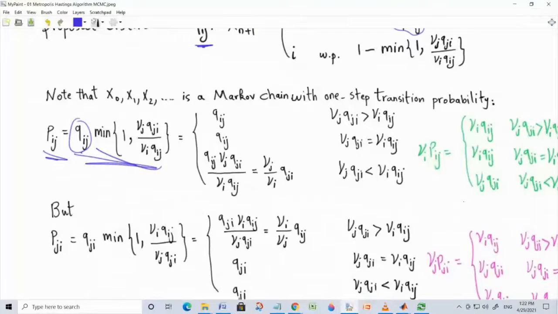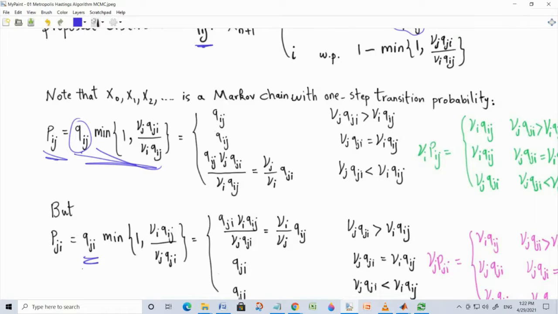B_ji is basically the same formula, but you simply swap the roles of i and j. So now you need Q_ji, which is the probability that, given that in the current iteration X_n is j, you propose i. And then it's accepted with a certain acceptance probability.